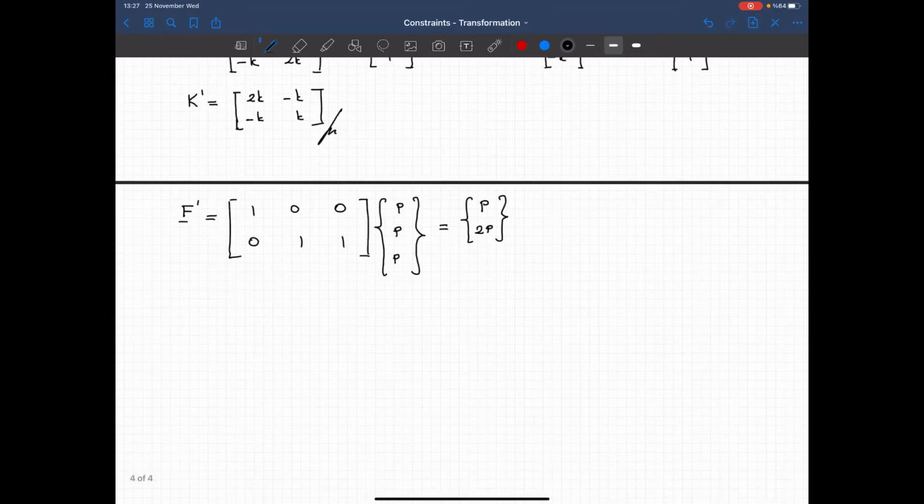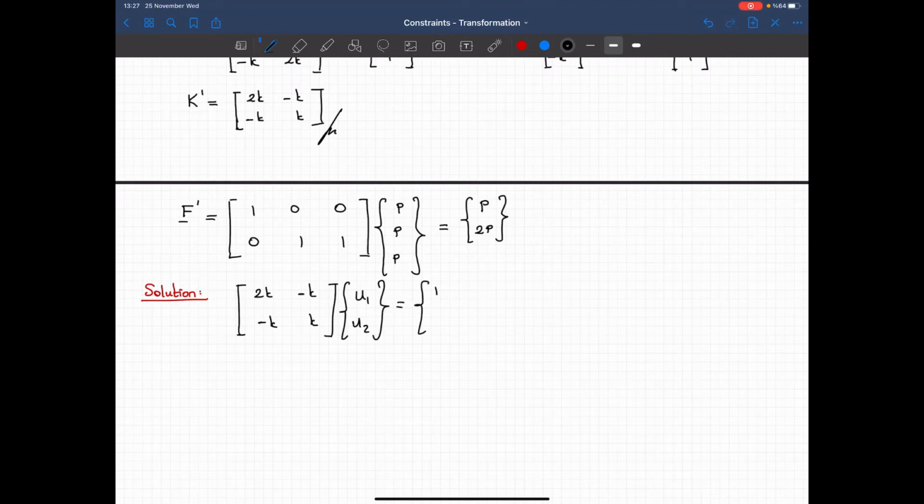The solution: I got 2K minus K, minus K and K. Now I got only 2 degrees of freedom, U1 and U2, and this new force vector P and 2P.